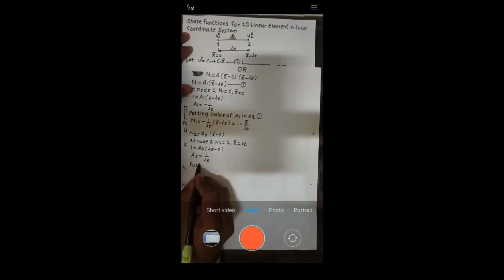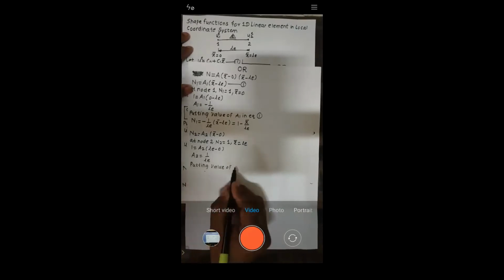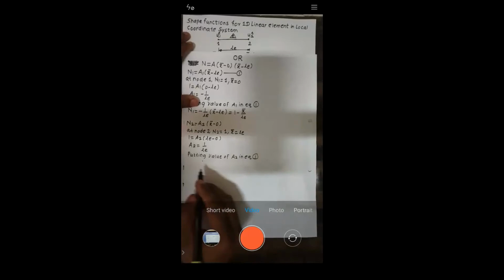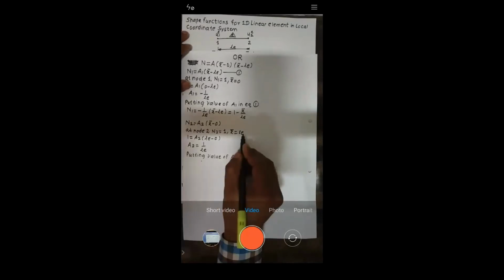So putting the value of A2 in equation number 2, not equation number 1. Let me call this equation number 2.